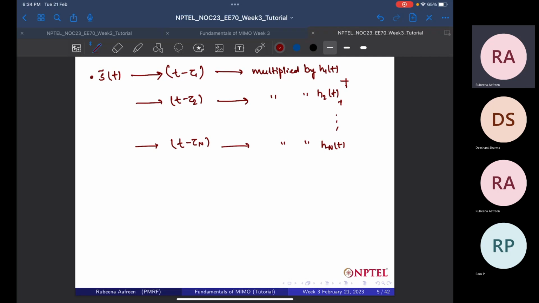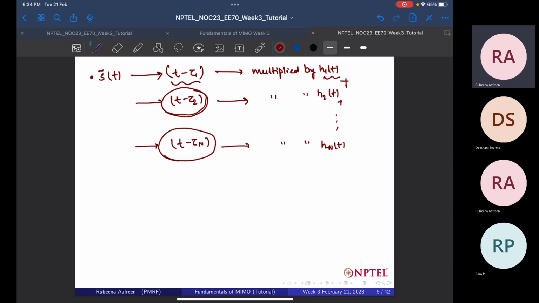So can we conveniently say that the received signal has multipath interference? Because see, this signal multiplied by this will be added to the signal coming from here. These and all will be added from the signals coming from the nth path.